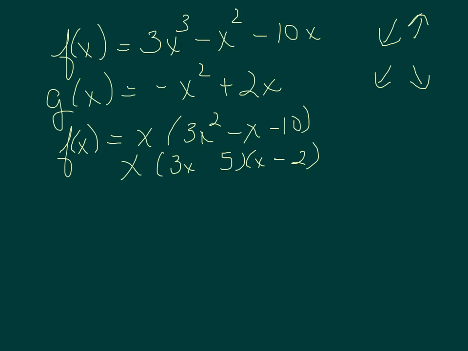And if I have that one negative and that positive, does that work? Yes. So x could be 0, that's a zero. x equals negative 5/3, and x equals 2. Those are my zeros. That's the grown-up method of factoring.